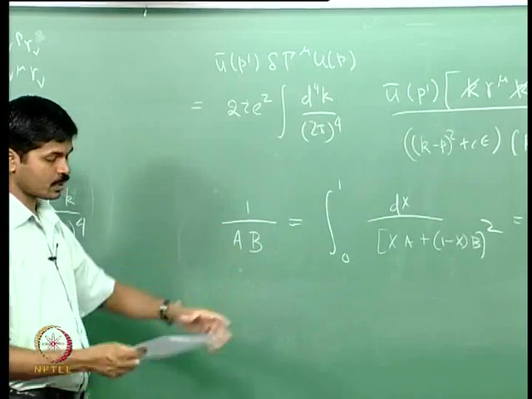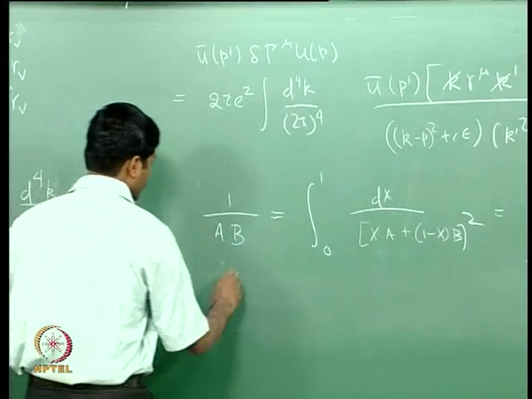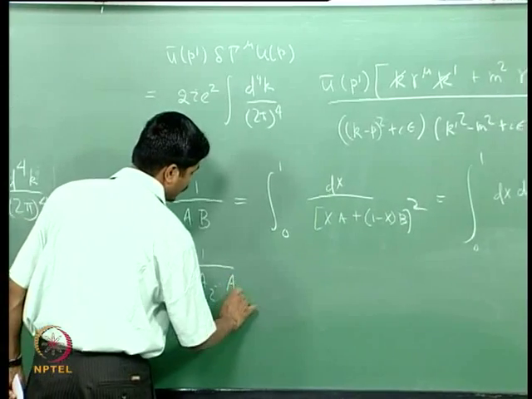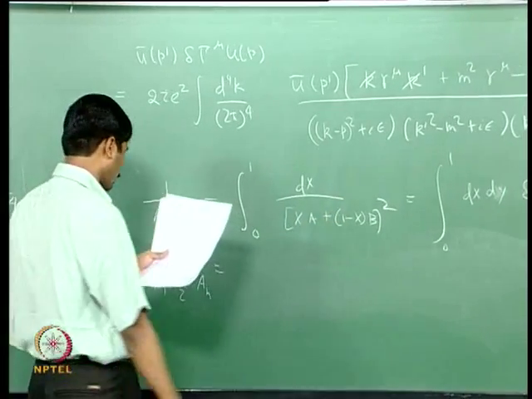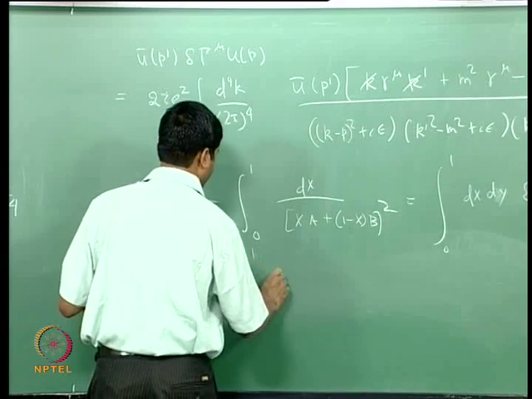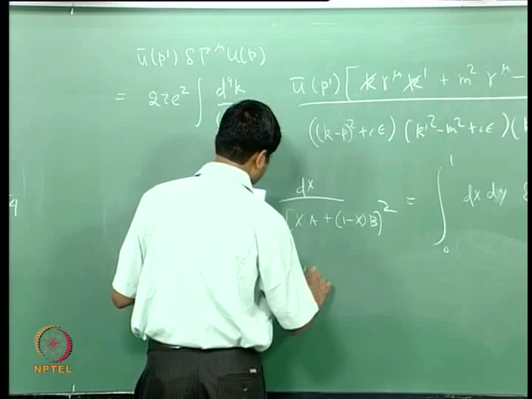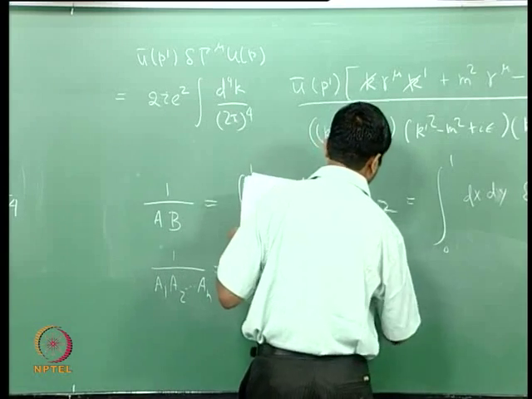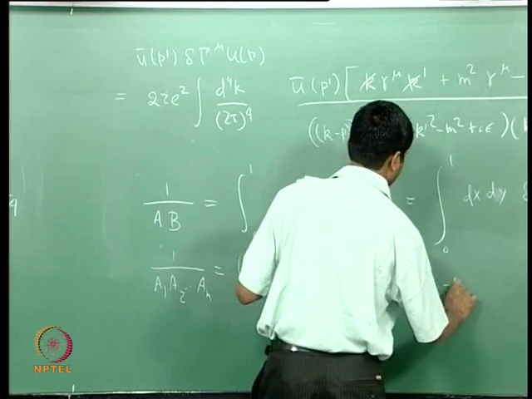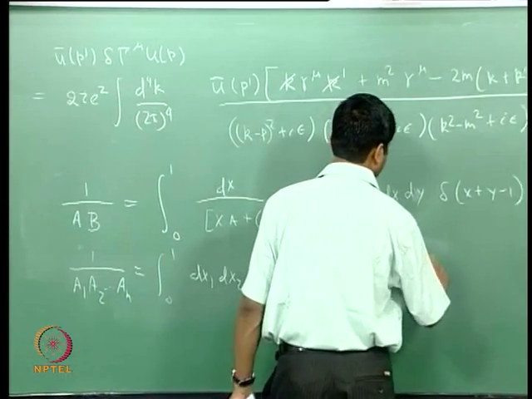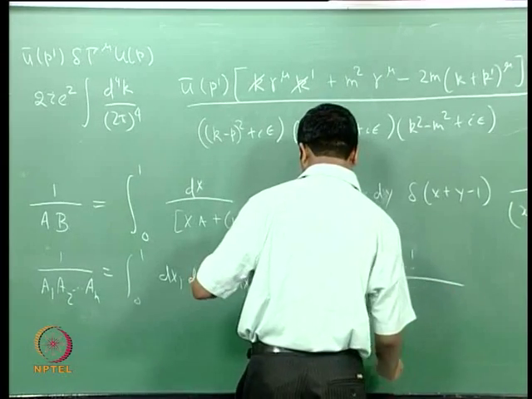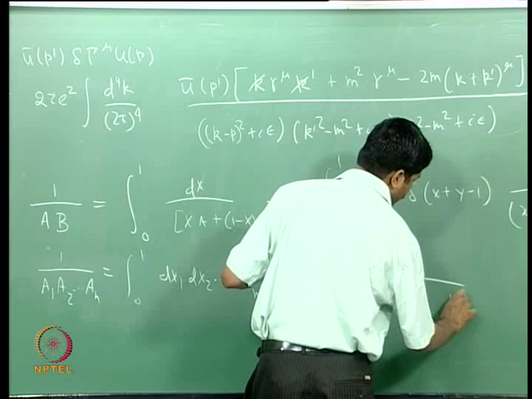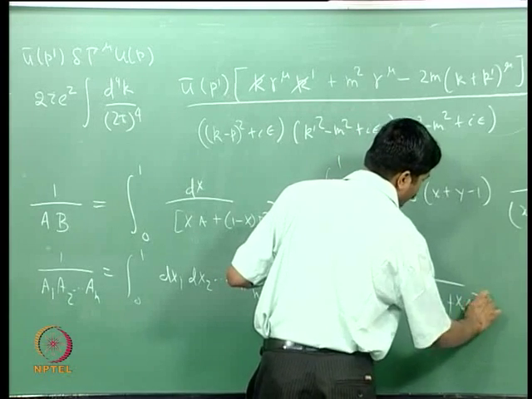You can generalize this formula when you have n factors in the denominator. So if you have something like a1, a2 up to an, then the generalization of this formula will simply be 0 to 1 dx1 dx2 up to dxn delta of sum over xi minus 1, n minus 1 factorial divided by x1 a1 plus up to xn an whole to the power n.